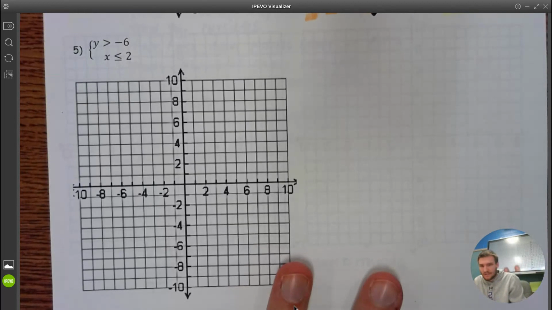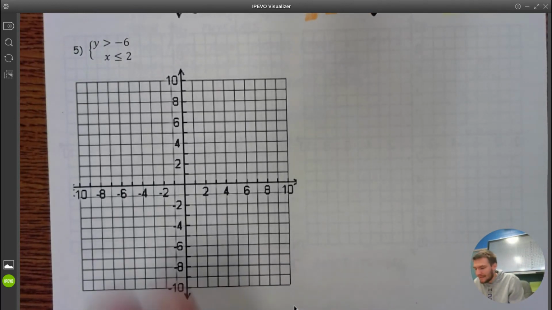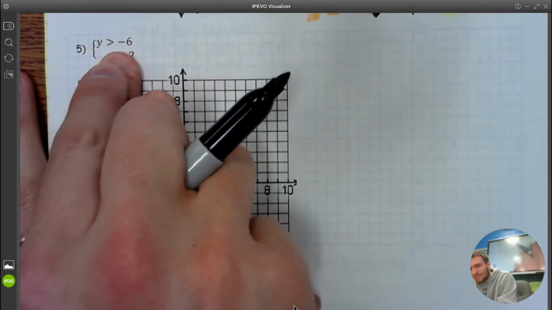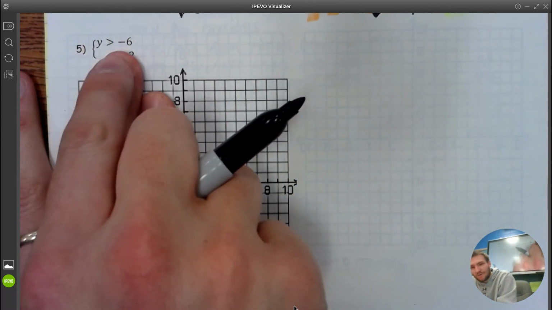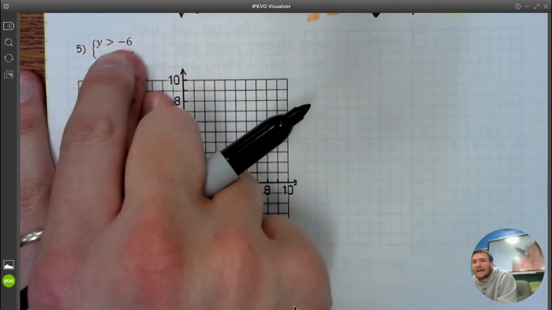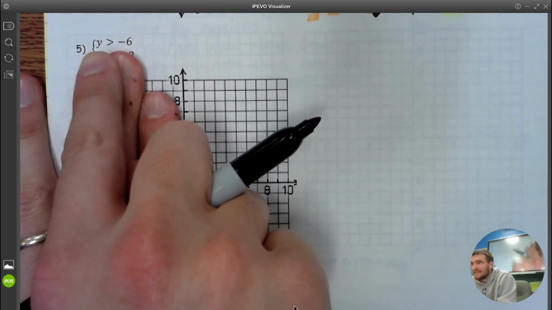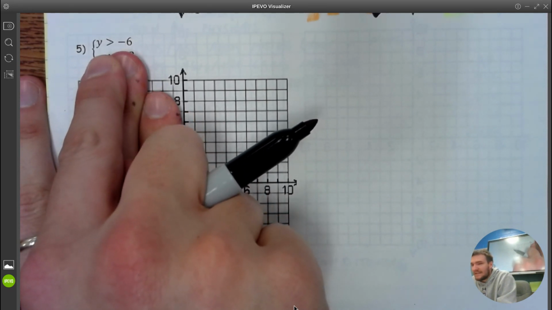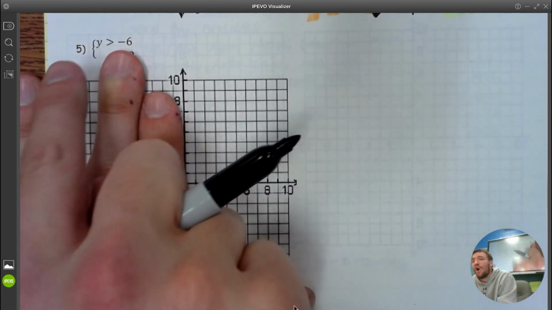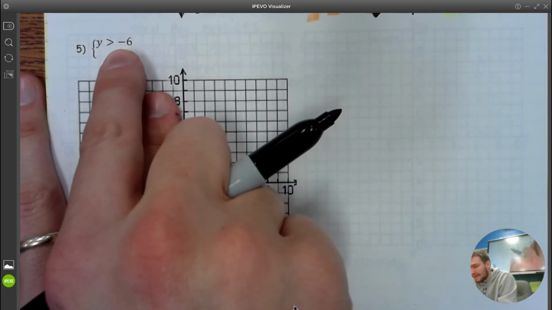Last question. This time, let me ask you again, is this question horizontal, vertical, or just a normal diagonal line? What do you guys think? So this one has only a Y. It's different.